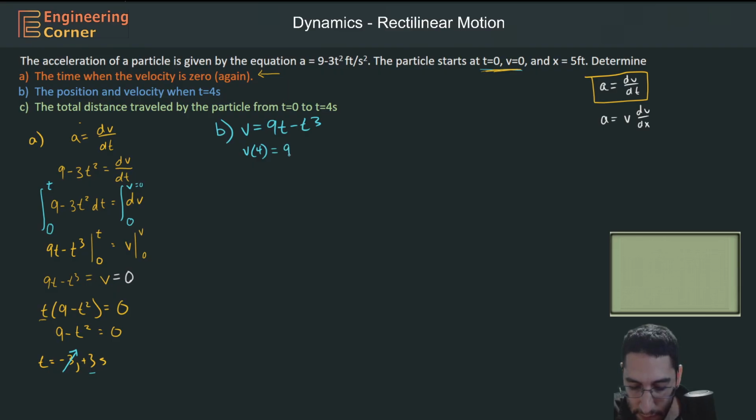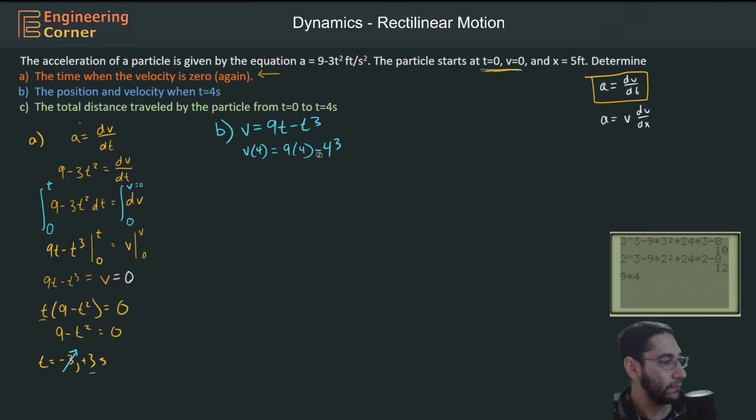And this is going to be equal to 9 times 4 minus 4 cubed. And we get that our velocity is going to be equal to minus 28 feet per second. So that part was easy.